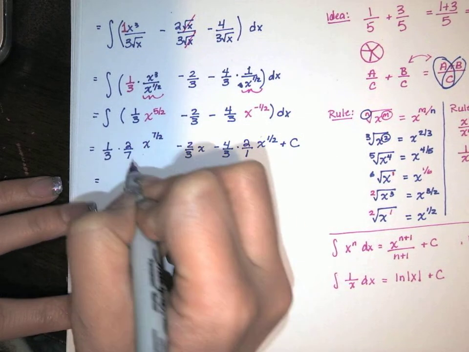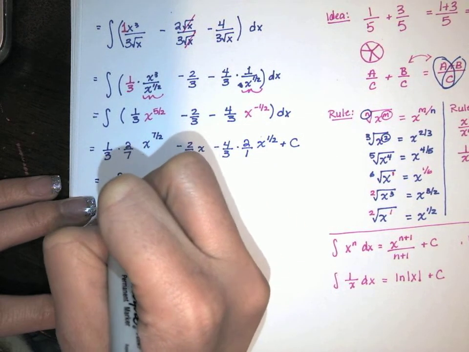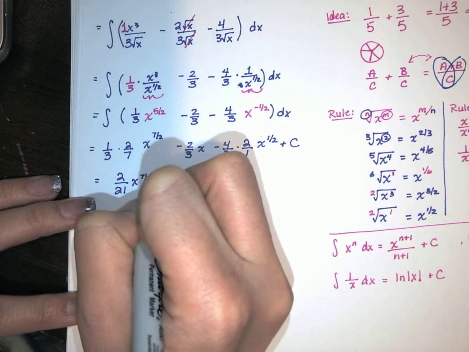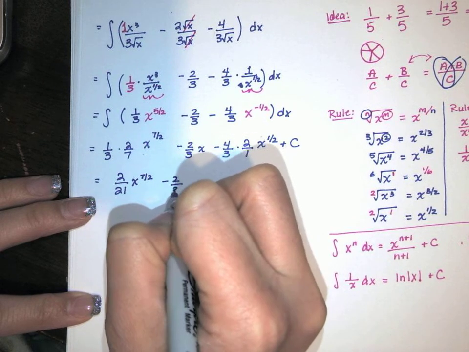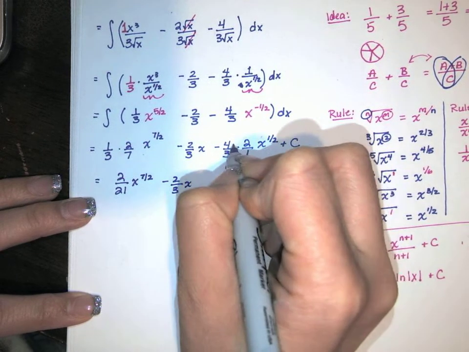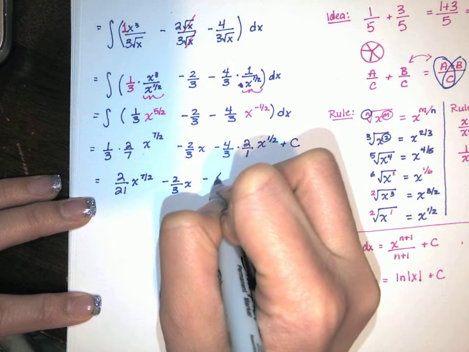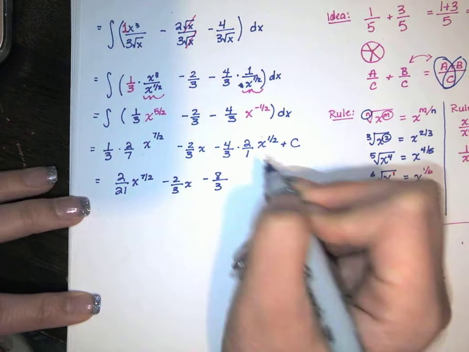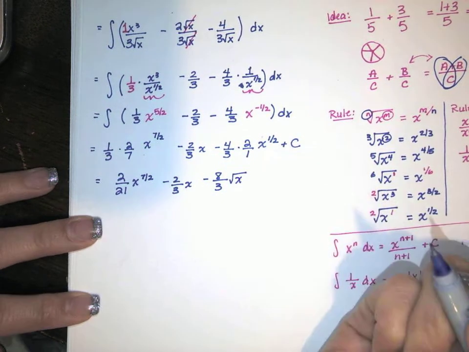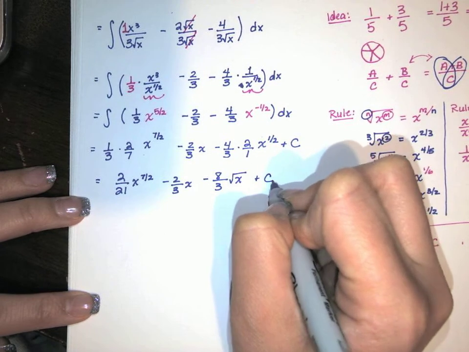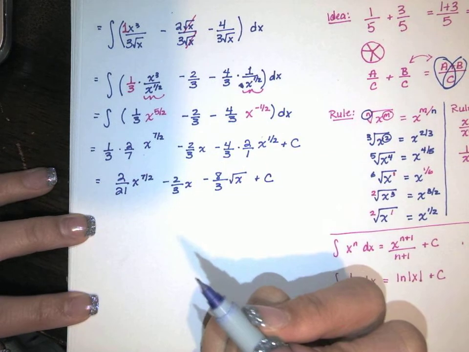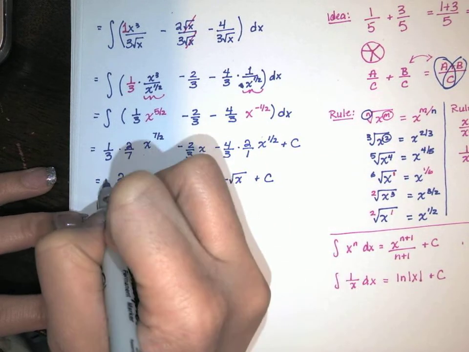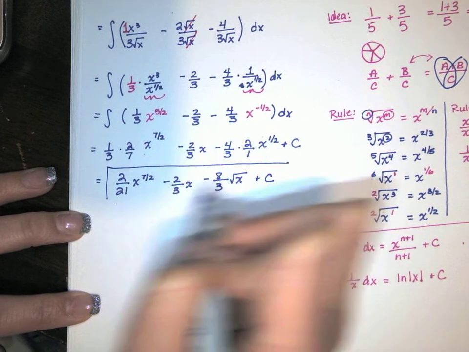So we're going to simplify. Multiply straight across. You get 2 over 21, x to the 7 halves. Minus 2/3 x. Multiply straight across. You have minus 8 over 3 x to the 1/2. I think I want to write that as the square root plus c. You could write that as the square root of x to the 7th as well if you want, but I think I'm just going to leave it alone.